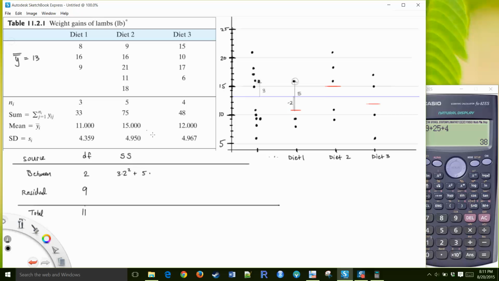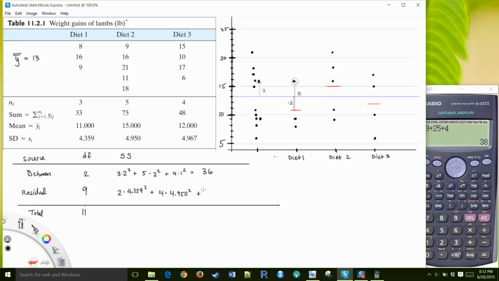So let's try this out. Okay, 210. Which would mean my total sum of squares is 246.